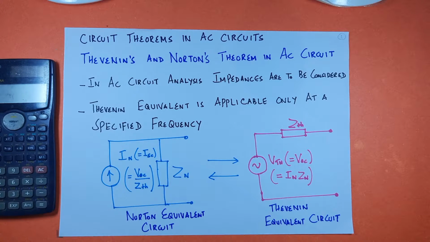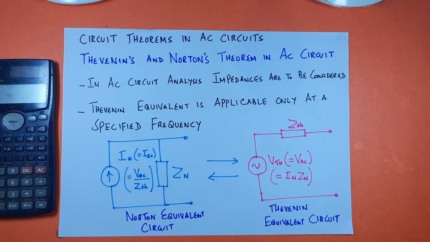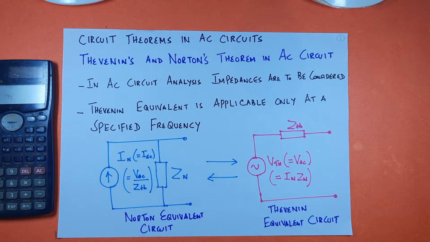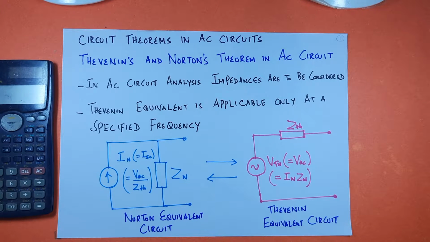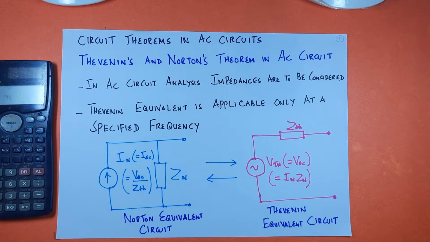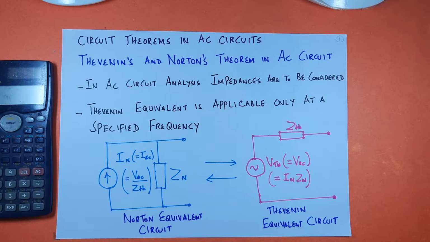With respect to frequency, the impedance value may vary, right? Similar in AC as well as in DC, topology or orientation, everything is similar. Only thing is here the signal is AC signal and we have impedances.